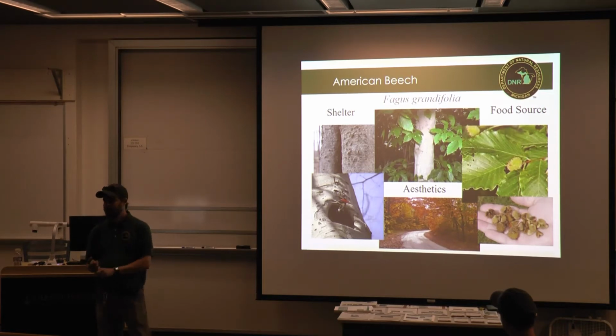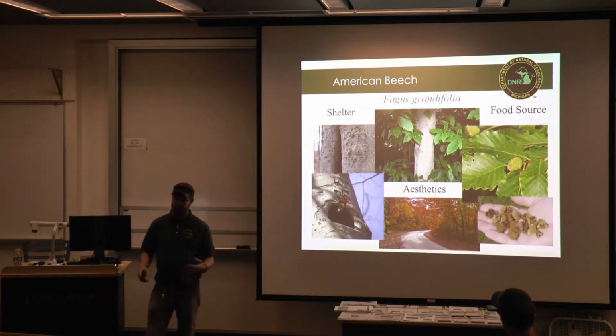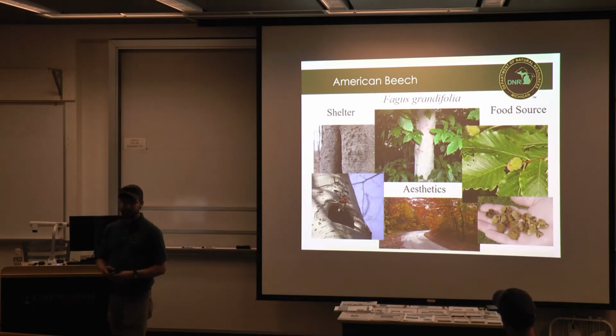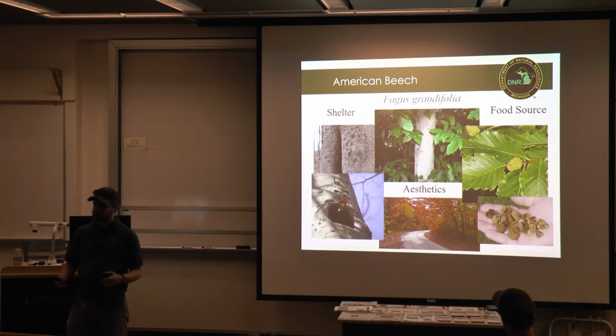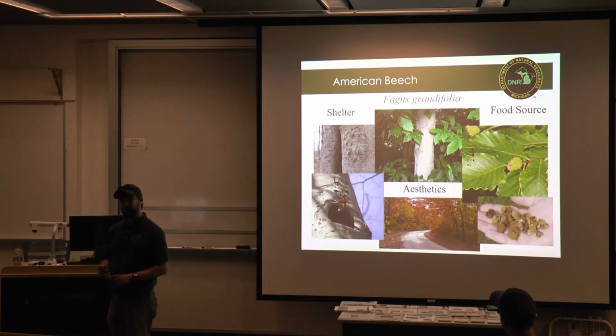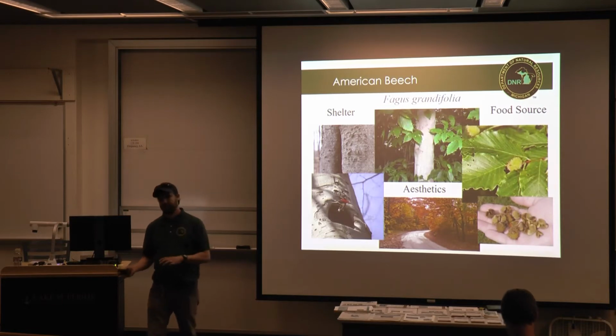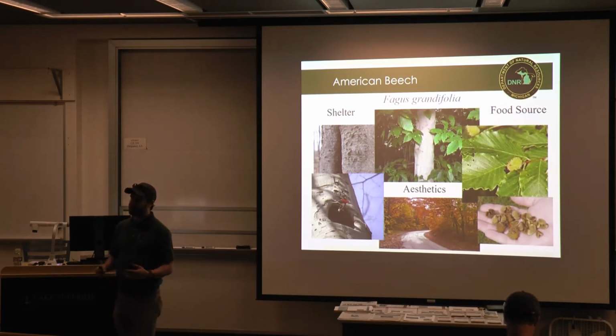So you have your red oak, which is really high in protein to help animals get around and have the energy to keep going. And then you have white oak trees that have a lot of trans fats that help anybody that's hibernating over the winter to get through that winter. White oak doesn't really have a lot of protein, and the red oaks don't have a lot of trans fats.